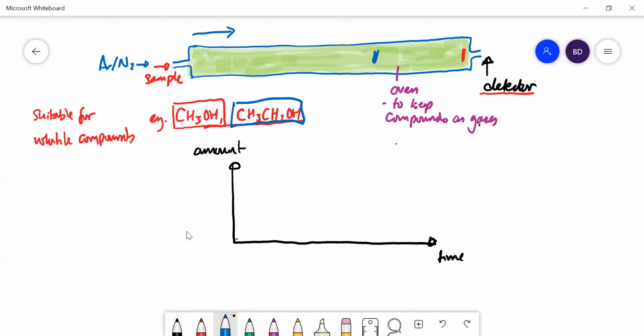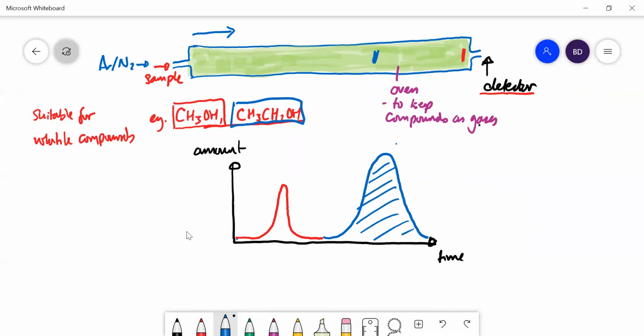That's the methanol peak coming off there, and here, let's say that is the ethanol peak. In that case, the area under this peak is bigger, so you'd have more ethanol than methanol. So it can be used to quantify as well as tell you how many different things are in there.